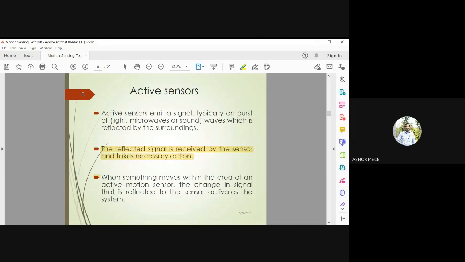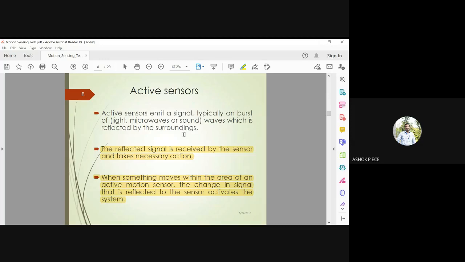When something moves within the area of an active motion sensor, the change in the reflected signal activates the system. So when somebody is moving on the path of the infrared waves, you will get the reflected light.